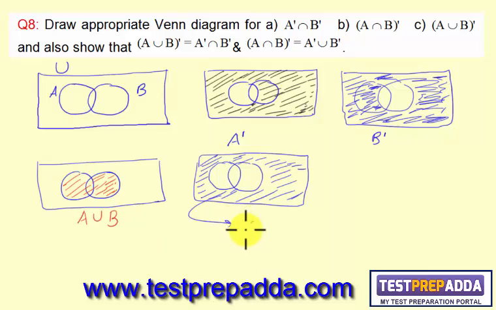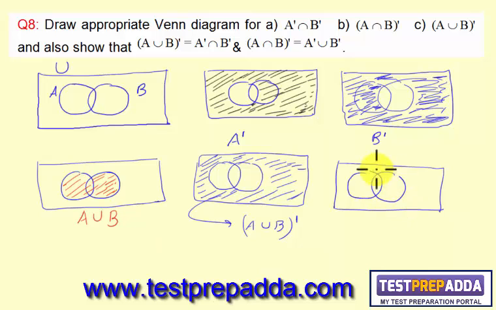This is the complement of A union B. Now if I try to find A intersection B, A intersection B is this portion.